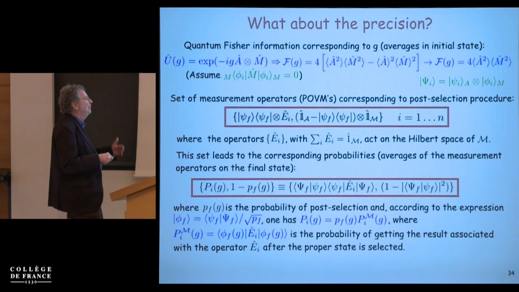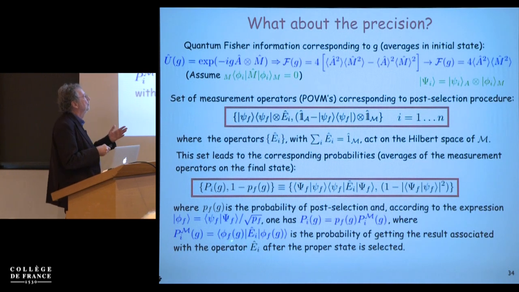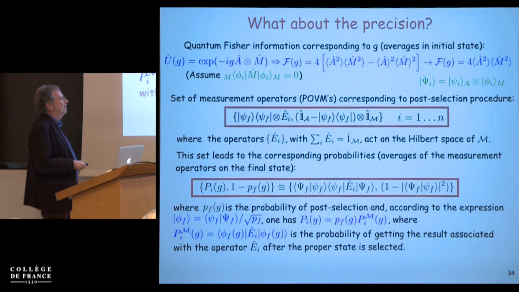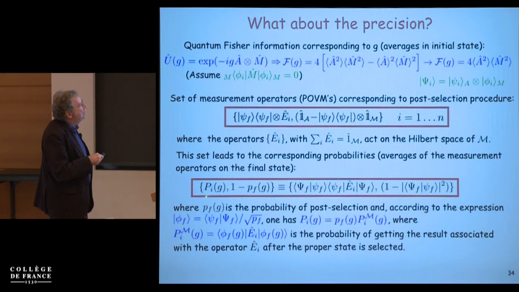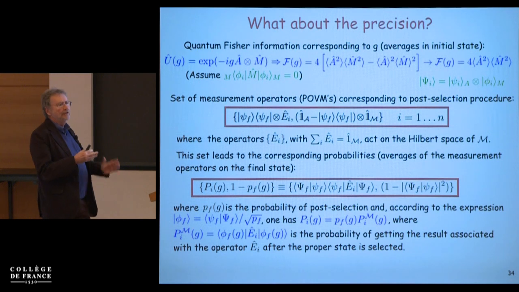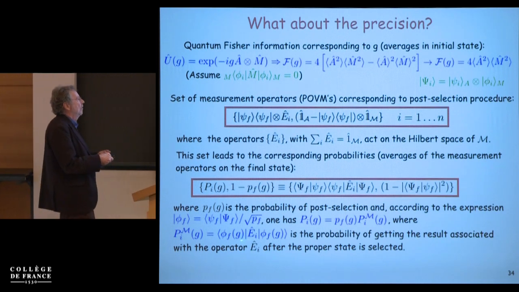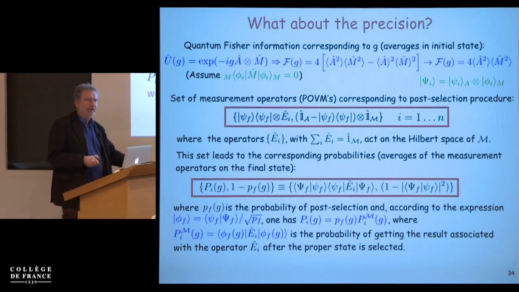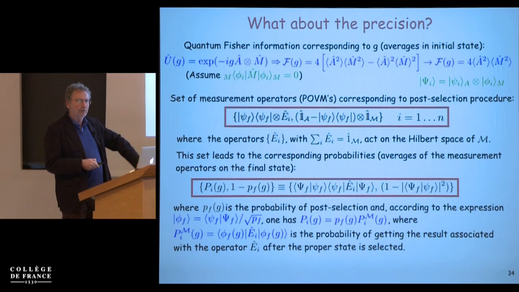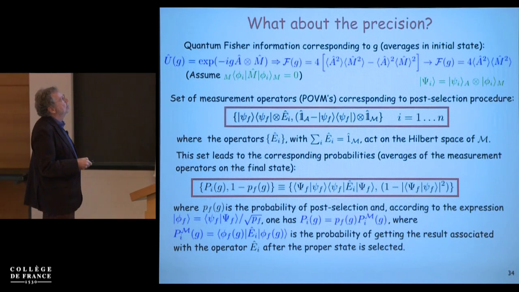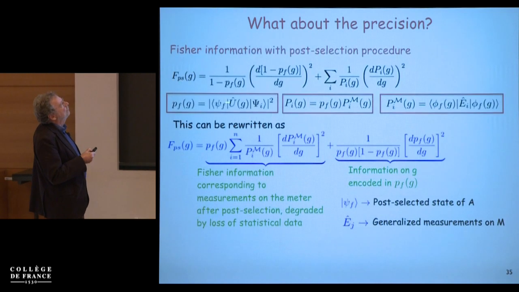And this average here is the probability of getting this experimental value if the pointer is in the state phi f. Okay? So by writing pi like that, I'm separating pi into 2 parts. One, which is the post-selection probability, the other, which is the probability of getting some experimental result I if I measure the pointer, independently of the post-selection. Okay. So again, some simple algebraic expressions.